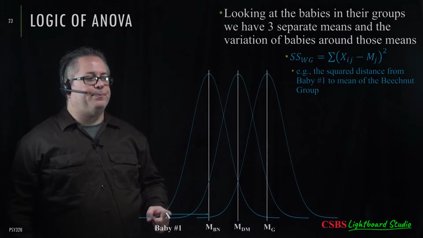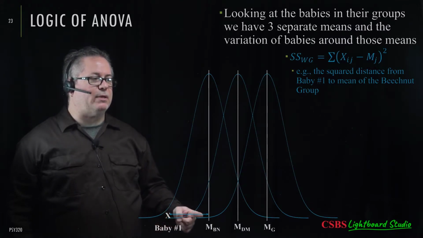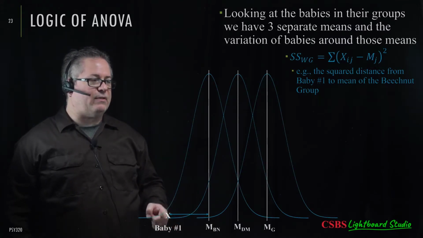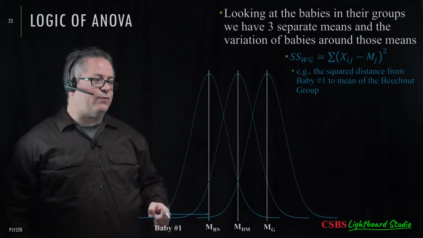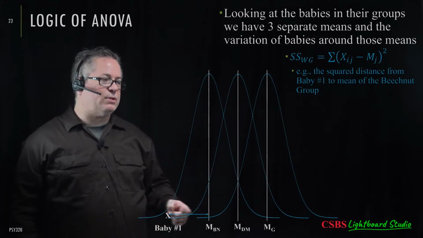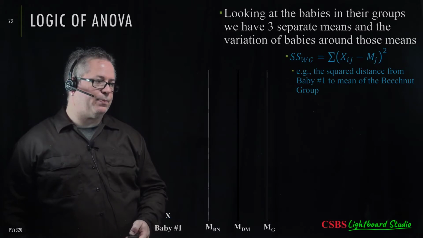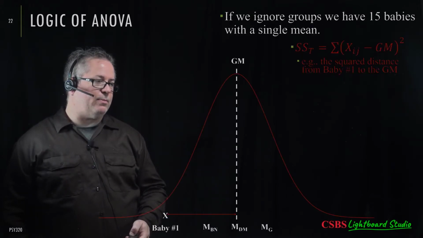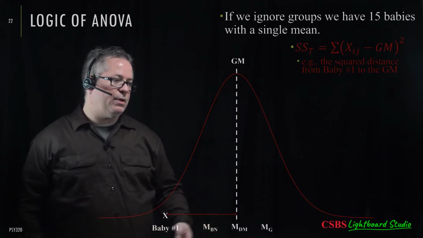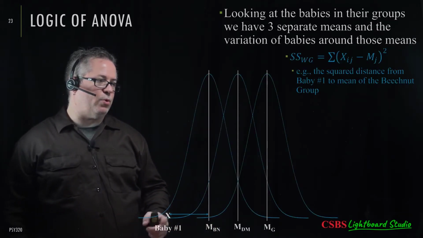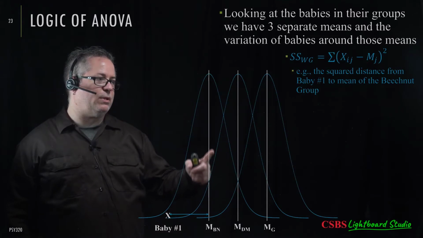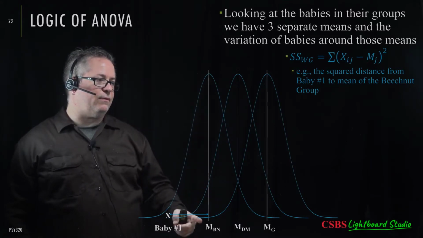And this distance, this blue line here, is how far away that same baby number 1 is from their own group. Go back a second. That's how far baby number 1 is from the grand mean, so it's a much longer distance. This is how far baby number 1 is from their own group, the group mean that they're in right here.